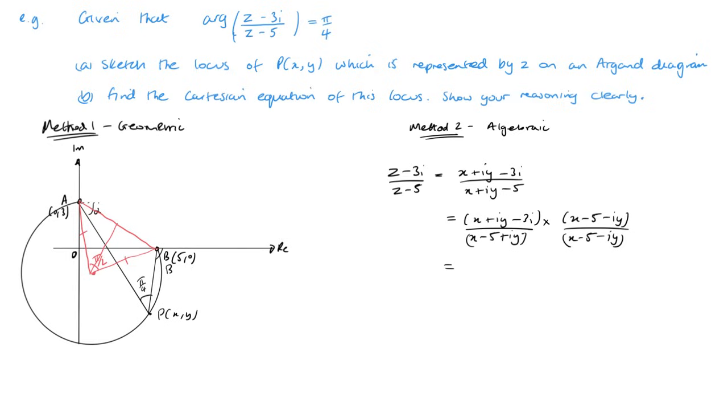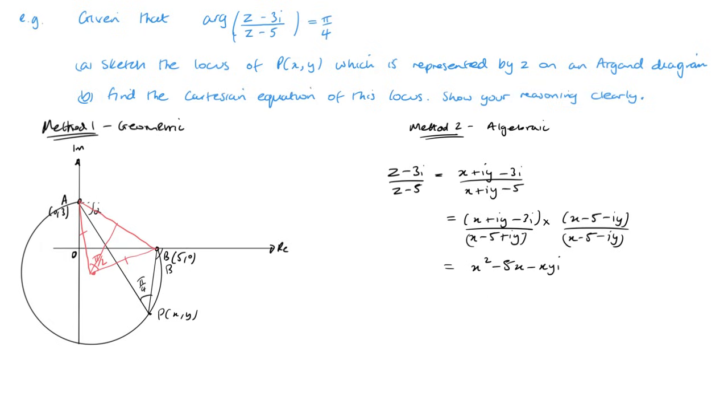So that gives me x squared on the top, minus 5x, minus, I don't really need to put the next bit in, but it's xyi.